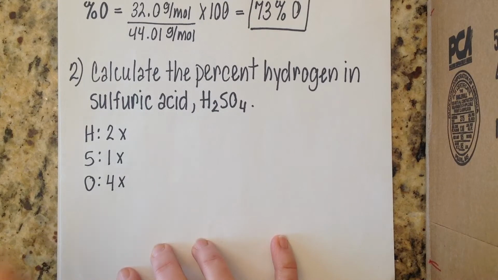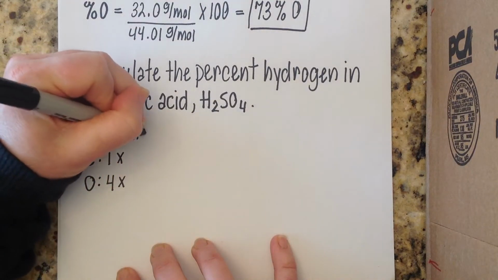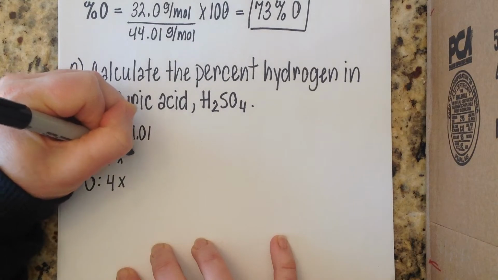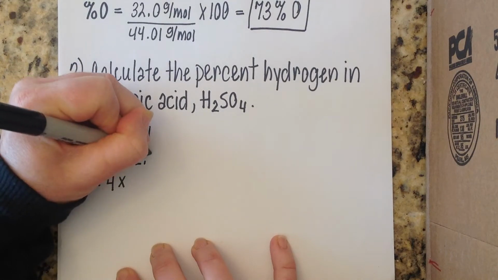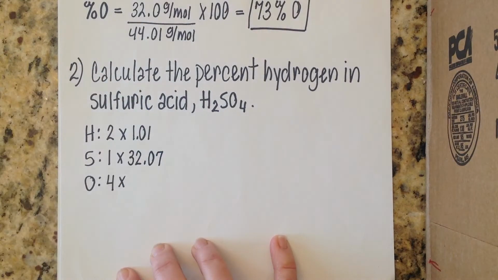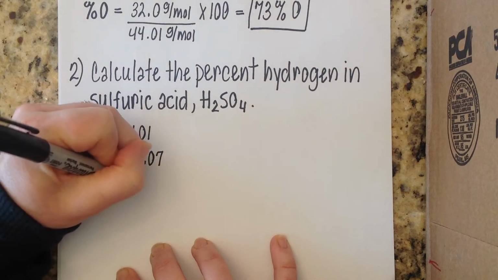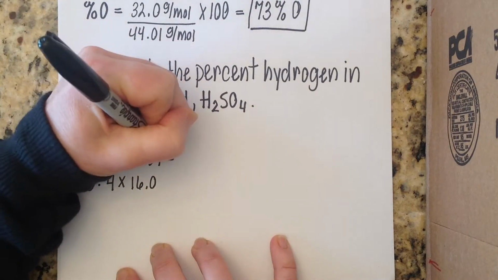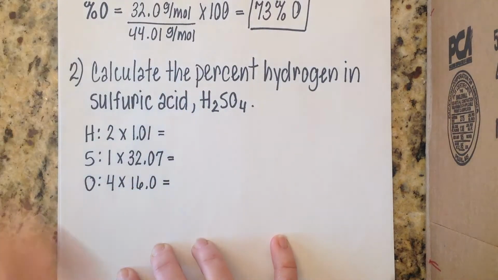So the mass of hydrogen is 1.01 grams per mole. The mass of sulfur is 32.07 grams per mole. And the mass of oxygen is 16.0 grams per mole. So let's multiply everything across so we have our totals for each individual atom.